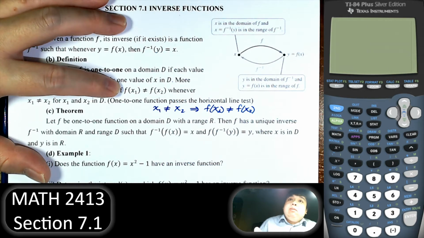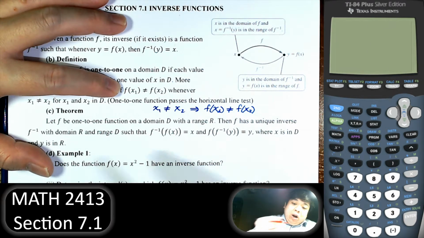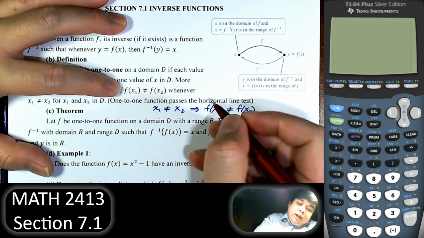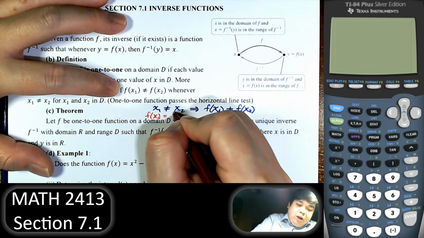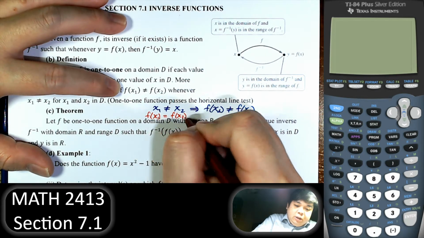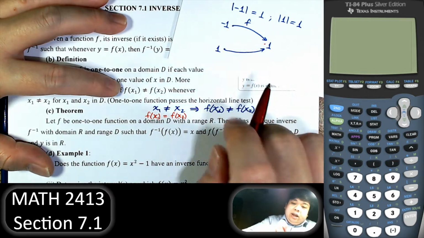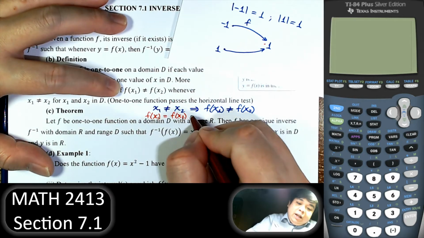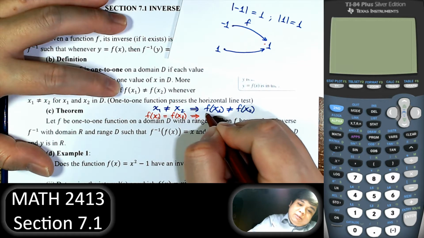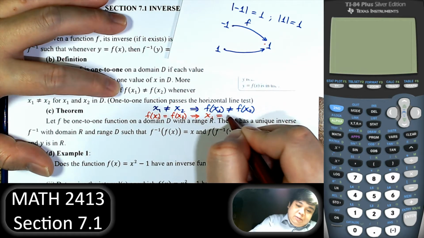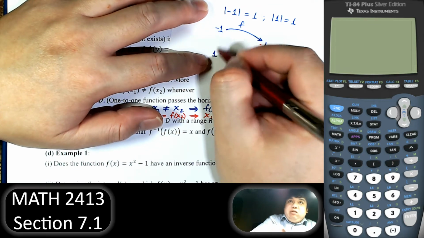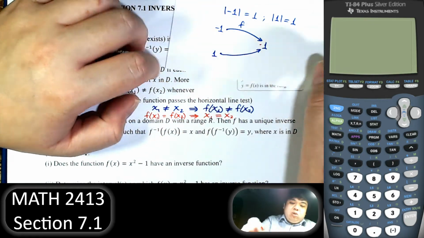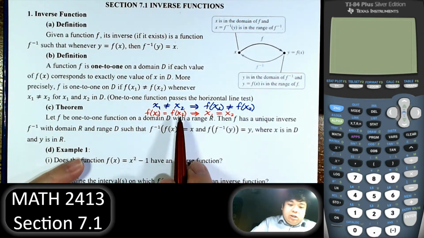If we want to write that differently, we will say f of x1 equal to f of x2 implies x1 equals x2. If the y values are the same, then the x must be the same. So if we have the same y values here with different x values, this is not one-to-one. Either one of those will be fine.